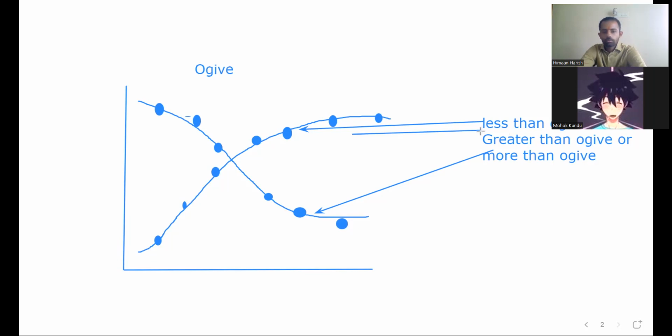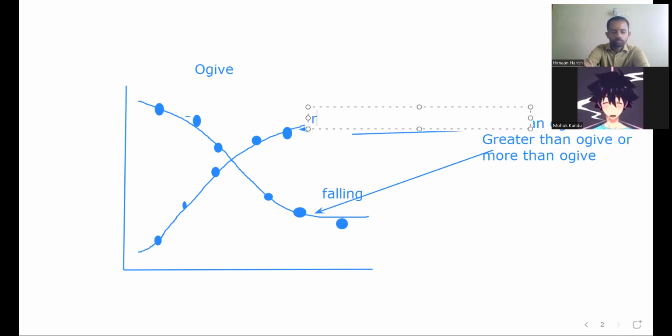They tell us which one we have to find, less than or greater than. So for marks and frequency, we'll have to use the greater than ogive or the falling curve. So this is the falling curve. This is the rising curve.